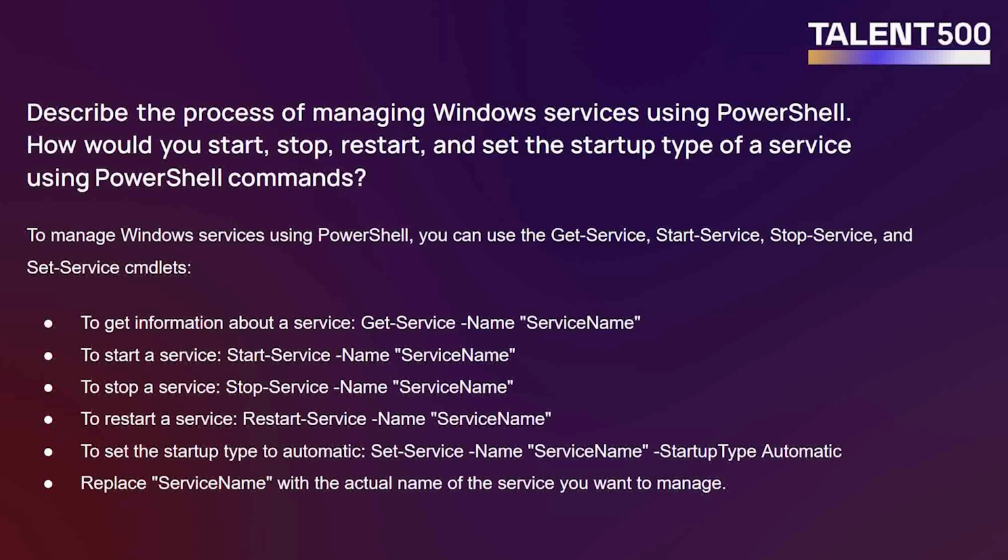To restart, it's very simple and similar: Restart-Service -Name and then the name of that service. To set the startup type to automatic, Set-Service -Name with -StartupType Automatic. Replace the service name with the actual name of the service you want to manage.